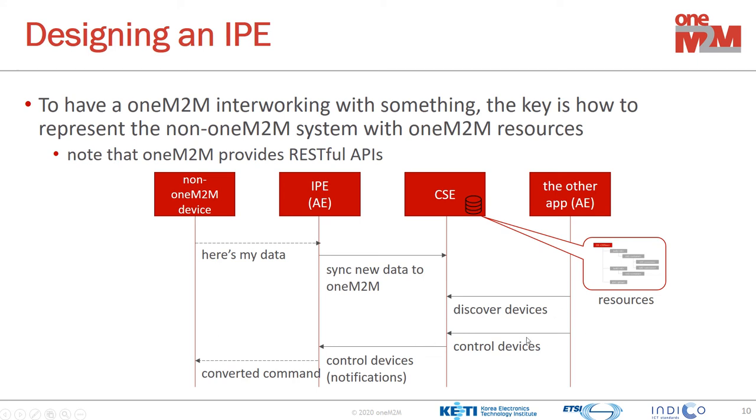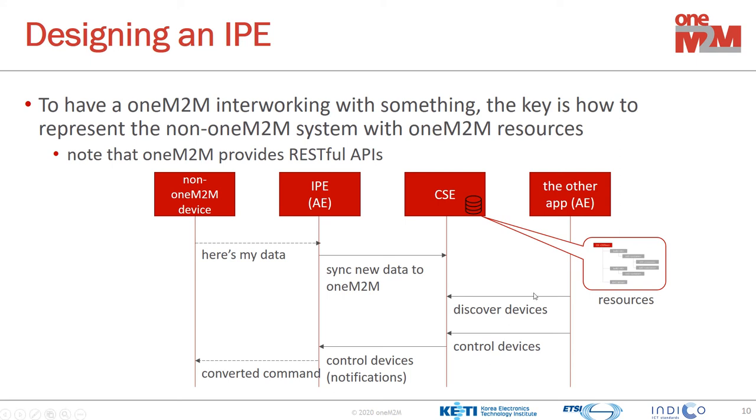When you send a control message targeting a device, of course the control message will be sent by the oneM2M application, and it will be targeting a resource which represents the control device, their data container, whatever, on the CSE. And the CSE will send the notification if we assume that the IPE already created the subscription for that controllable container, for example, like the scenario that we had in day one, the app developer guide.